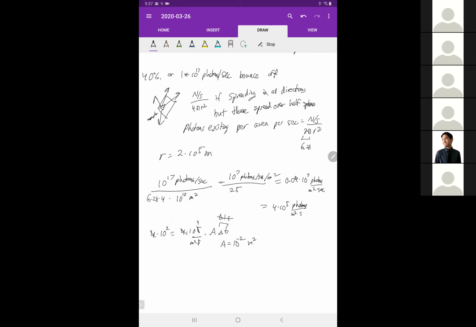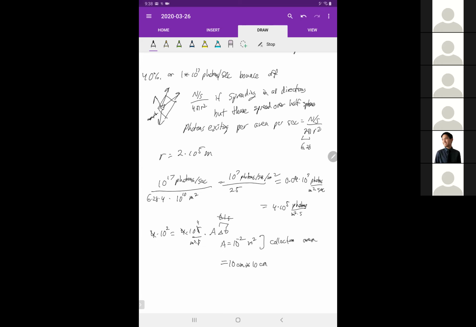That's the entire detector area. So that means that they want 10 centimeters by 10 centimeters. Okay, 10 centimeters by 10 centimeters is not completely insane.